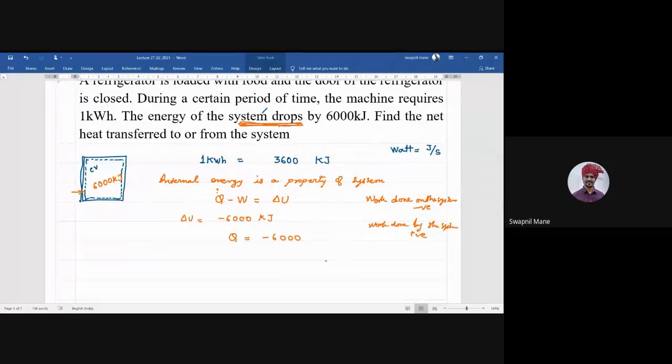So here W is also work consumed by the system, so it is minus 3600 kilojoule. So here it becomes delta U plus minus 3600, so it becomes minus 9600 kilojoule. Because it is minus, heat is rejected.